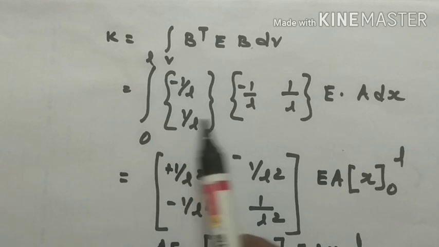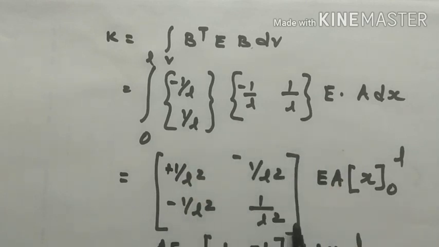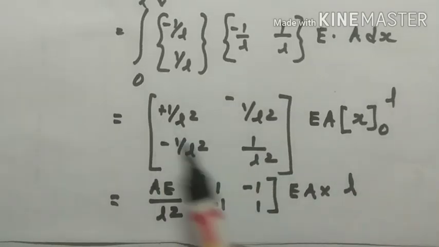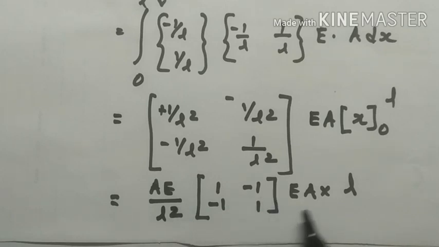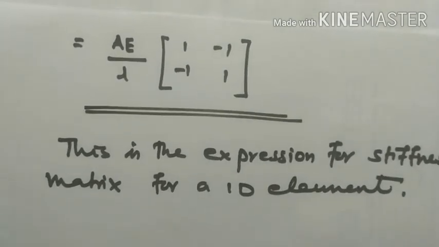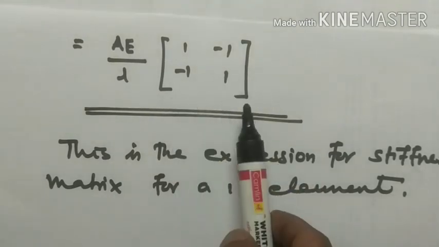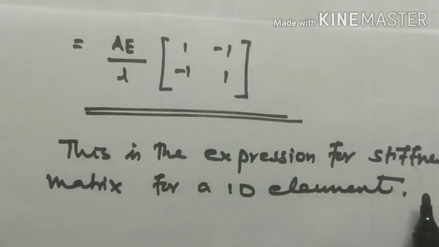On multiplying these matrices, we get EA into, and integrating we get x, with limits 0 to L. On manipulating this expression, you will get AE by L square into [1 minus 1; minus 1 1] into L. We can cancel one L from here, and finally you will get the expression AE by L into [1 minus 1; minus 1 1]. This is the expression for the stiffness matrix for a one-dimensional element.